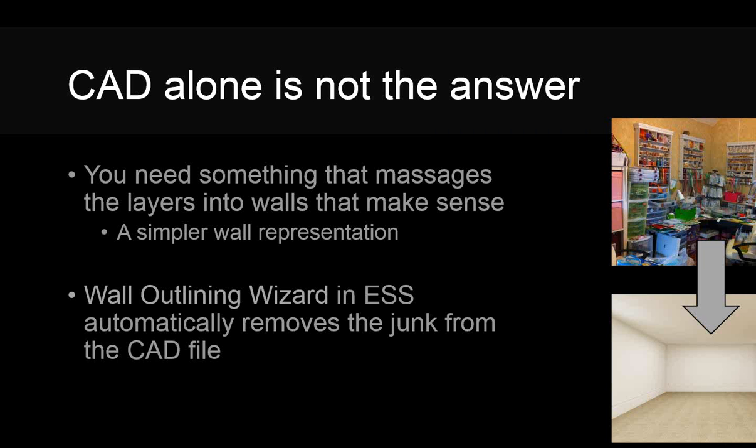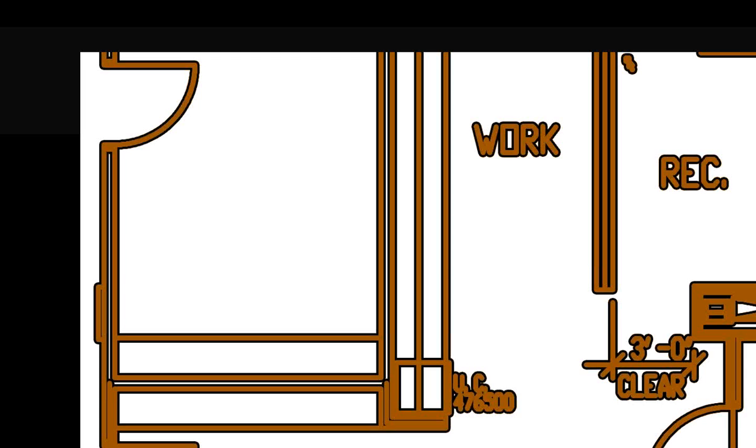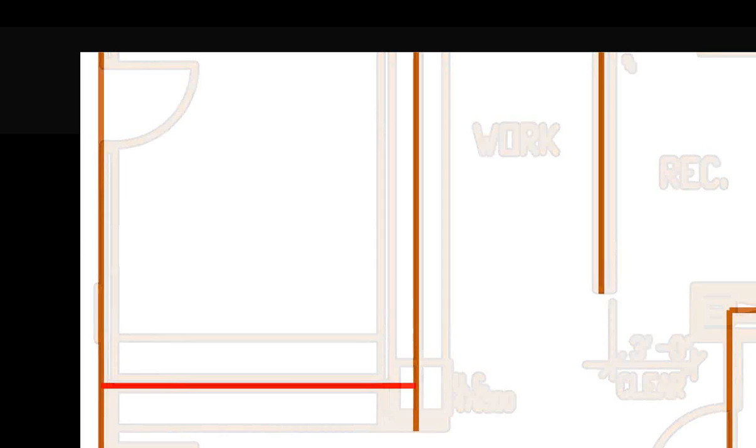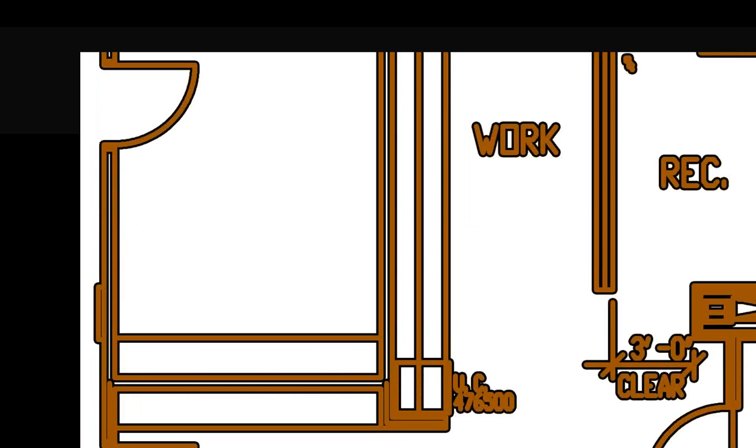All right, so that's what the wall outlining wizard in ESS does. It takes this complex CAD drawing. This is what it would look like if you brought it as is, and it strips down the walls. Look at my PowerPoint animation, it's fading down. I don't know if you saw that, but I'll show it to you again.